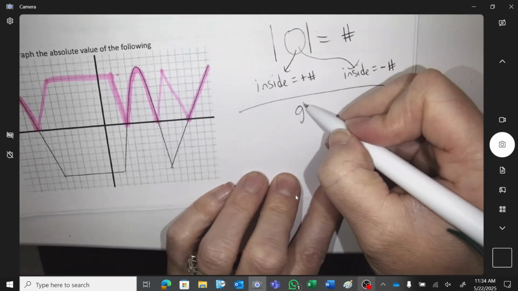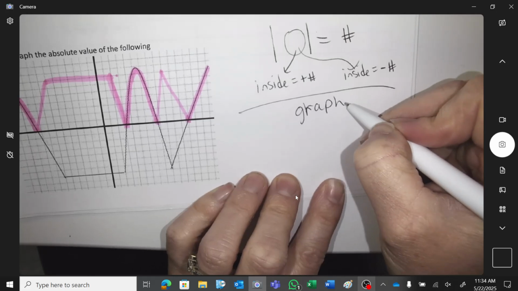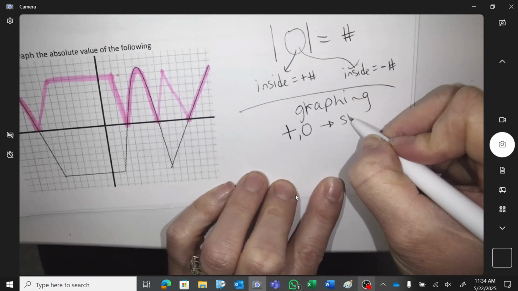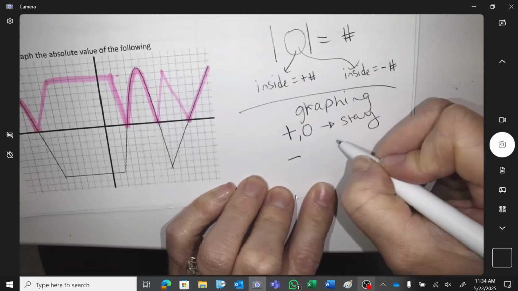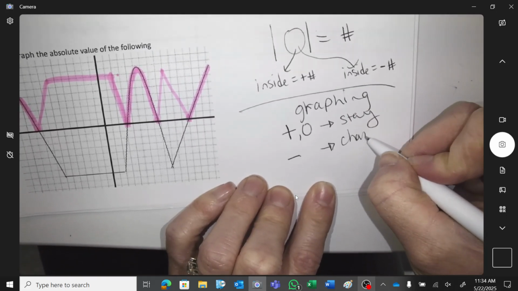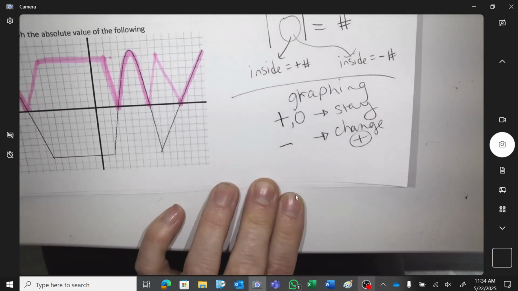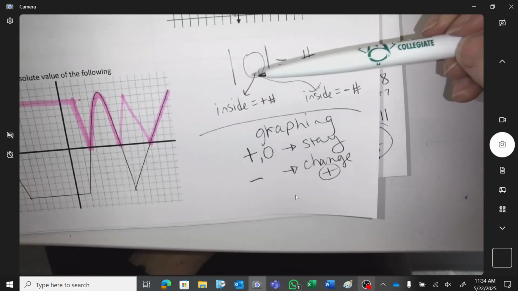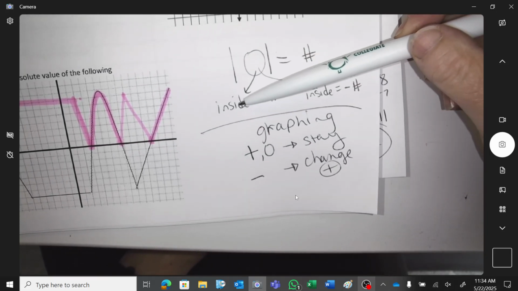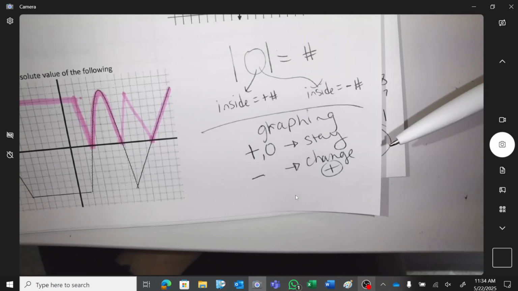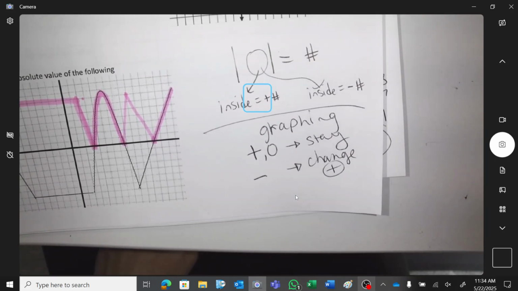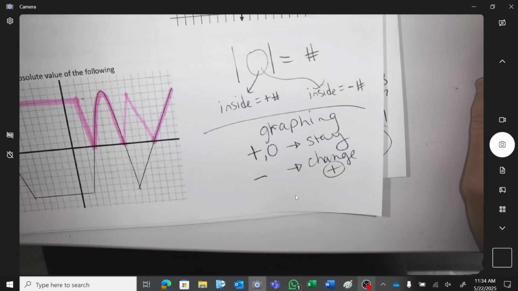And then graphing, your idea is positive or 0 stays and negative changes to positive. Okay? And that's your whole outcomes. So absolute value, the inside of the brackets could have been plus or minus. Graphing, you either stay there or change, because we don't like negatives when we absolute. We don't want the negative distances, right?